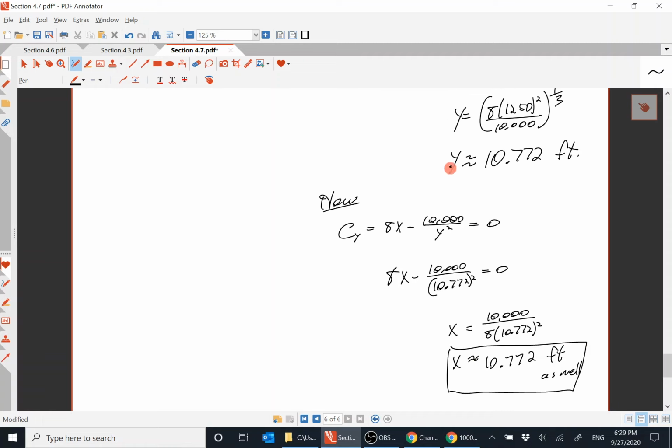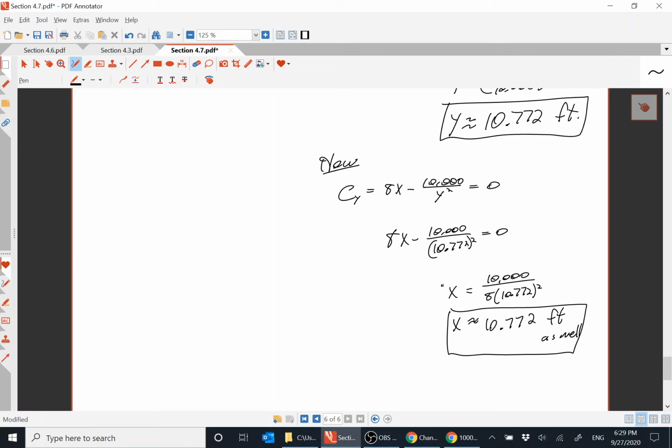Right, so it turns out to be a box with a square bottom. Now, what is the height, z?